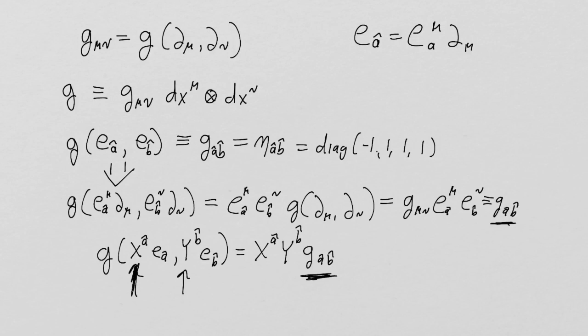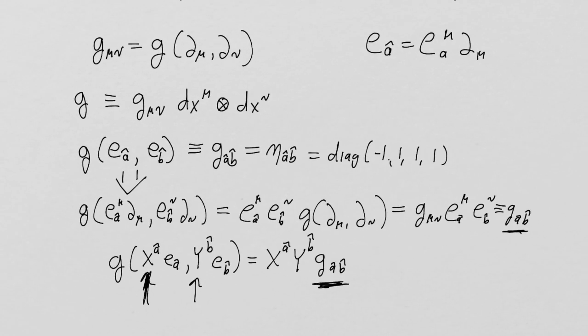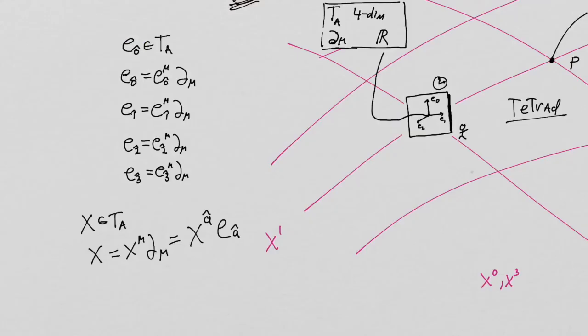And so now you can get a bit of the pitfalls here. We're using Einstein summation over tetrad indices here, and here it's an Einstein sum over spacetime indices that leave behind tetrad indices. This is a bit tricky, because in the beginning I said to be careful: E0 is the name of this vector.